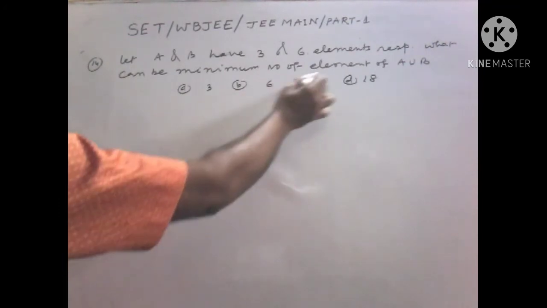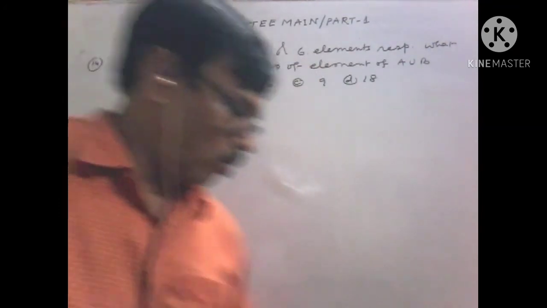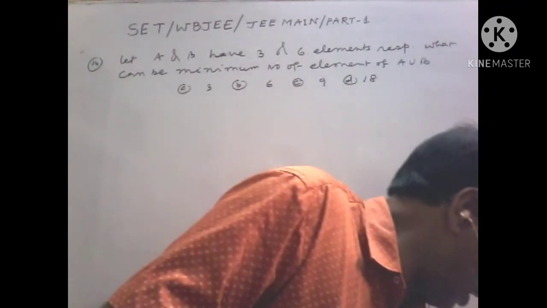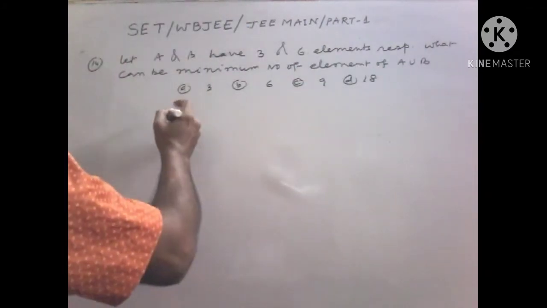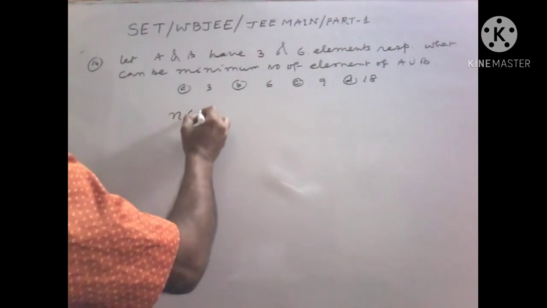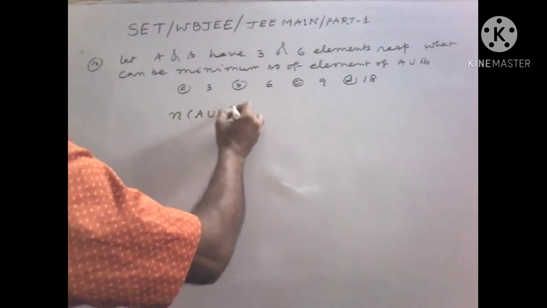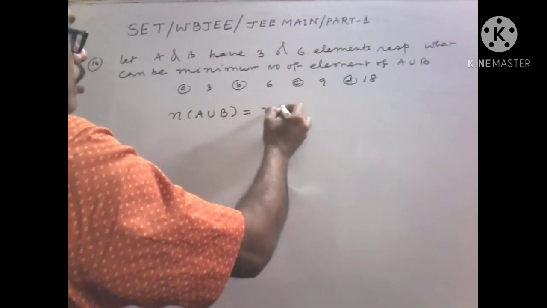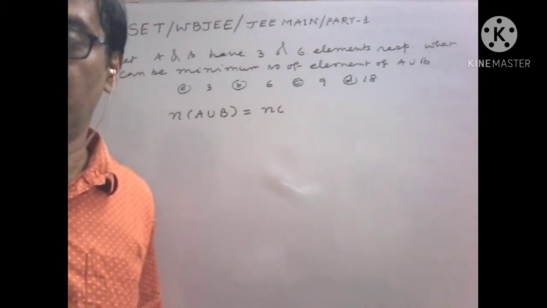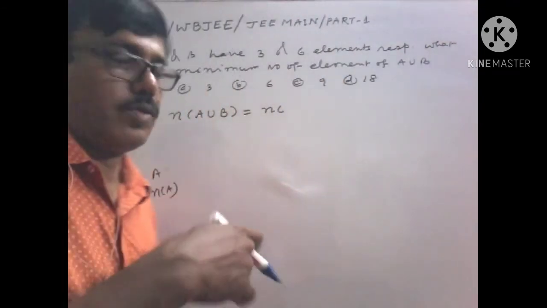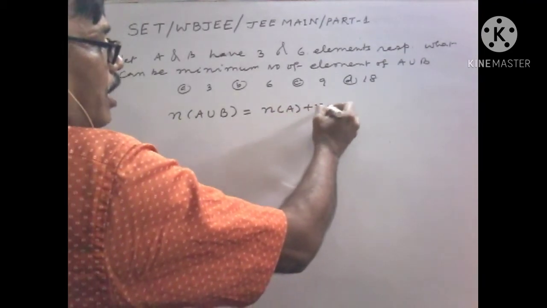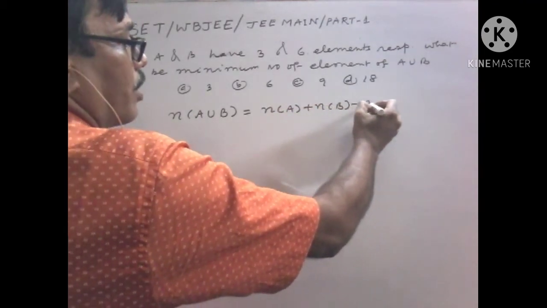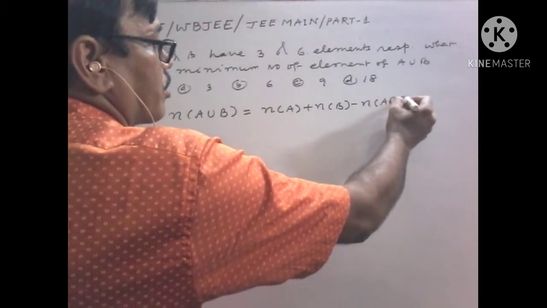So the minimum number of elements of A union B. So n(A union B) equals n(A) plus n(B) minus n(A intersection B).